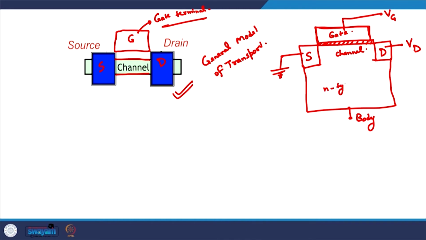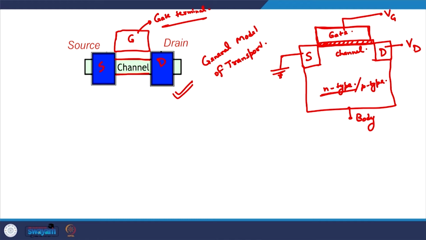So, between the two terminals, the source and the drain, we have this semiconducting material. This can either be an N-type material or a P-type material, and depending on the type of semiconducting material, the channel is made accordingly.